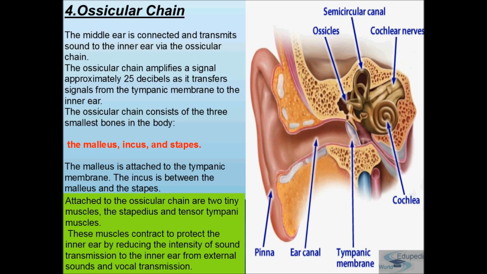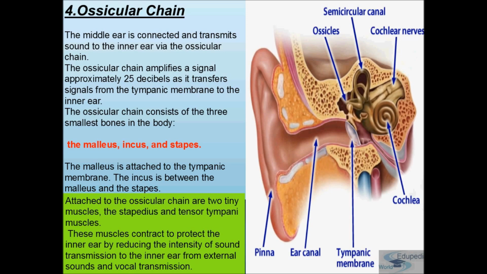Now we'll study the ossicular chain. Chain means it is an aggregate of 3 bones, that is malleus, incus and stapes. So the middle ear is connected and transmits sound to the inner ear via the ossicular chain, that is malleus, incus and stapes. And what do these three bones do?